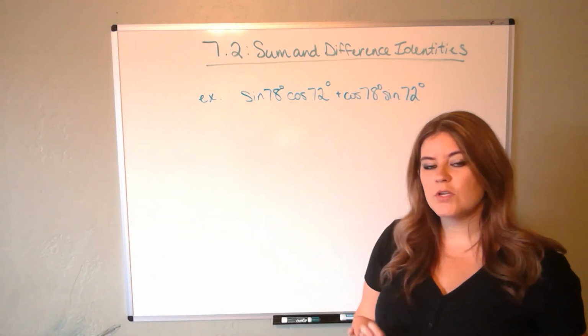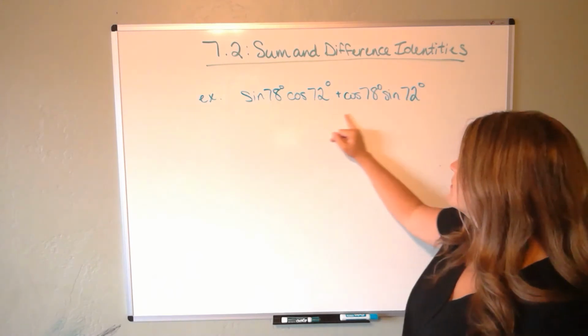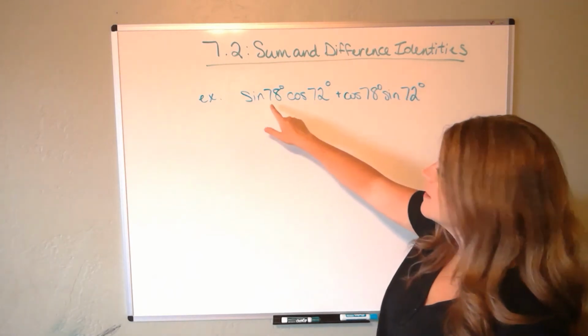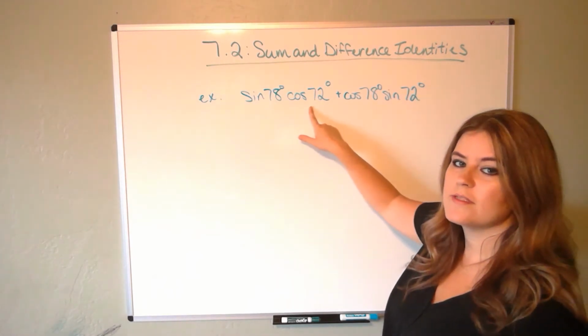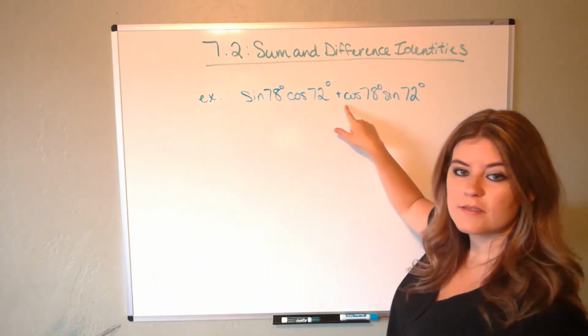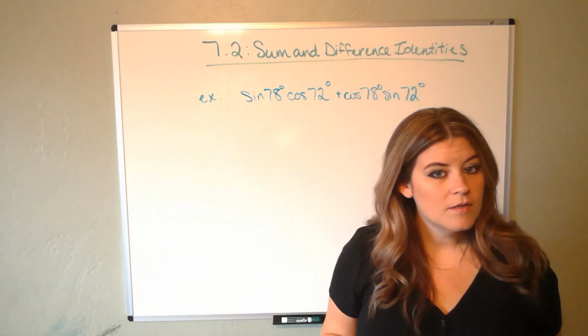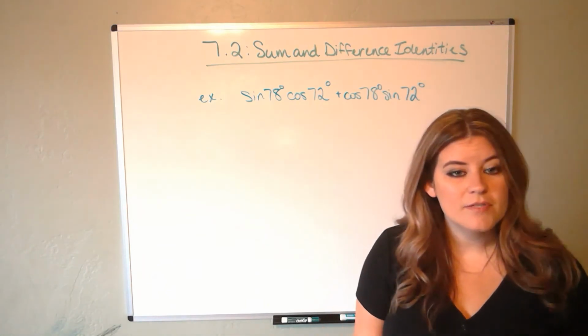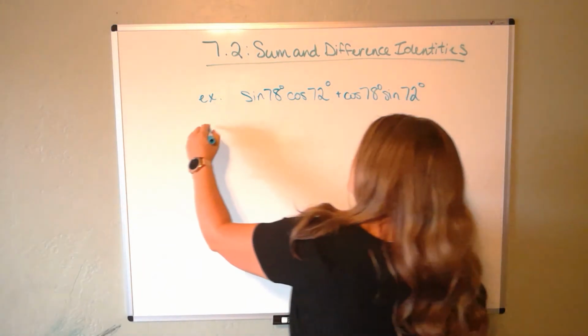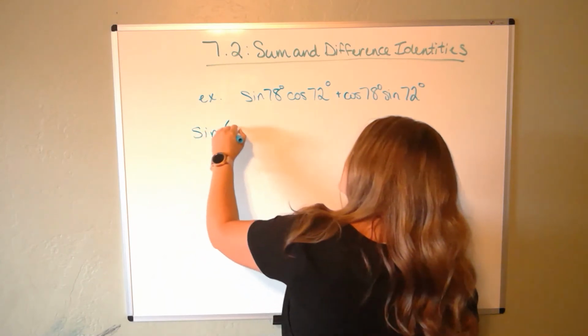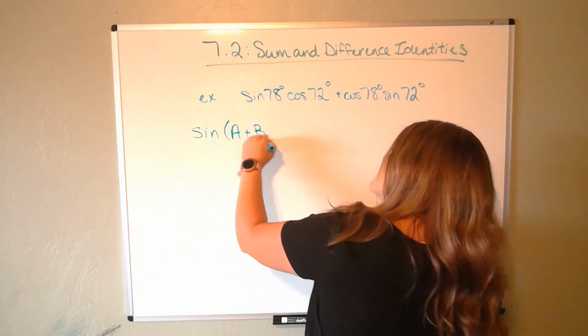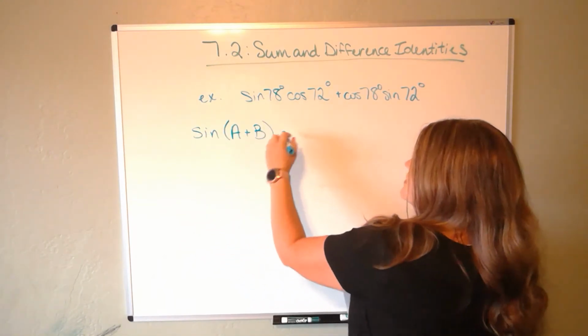But if you look closer, what does this look like? I've got sine A cosine B plus cosine A sine B. Why does that look familiar? You guys, that's the sine of a sum, right? So isn't sine of A plus B exactly what this says?